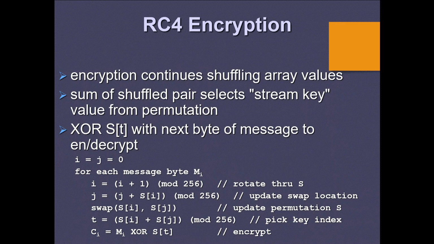Here the sum of these two entry values is used to select another value, as showcased in the pseudocode. So here you can see Ci is created from Mi XOR S of t, that is, XOR S of t with the next byte of the message to encrypt or decrypt.